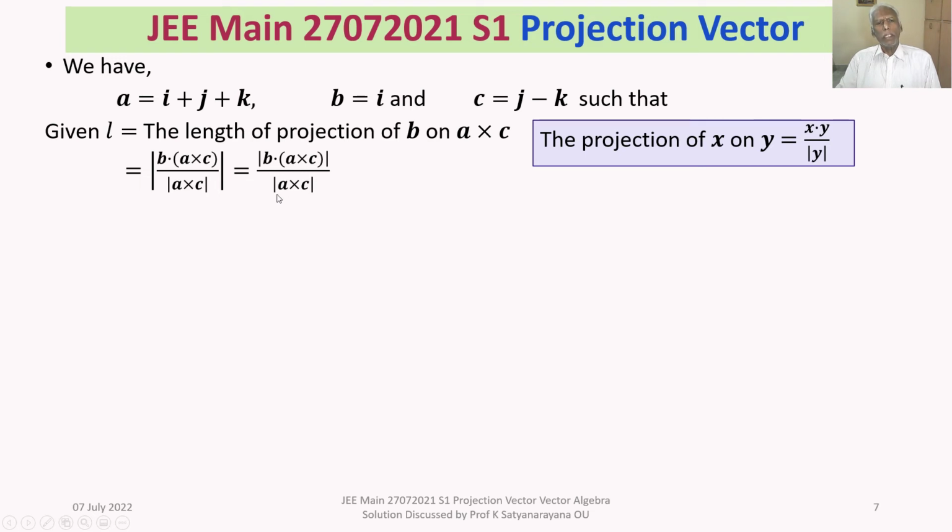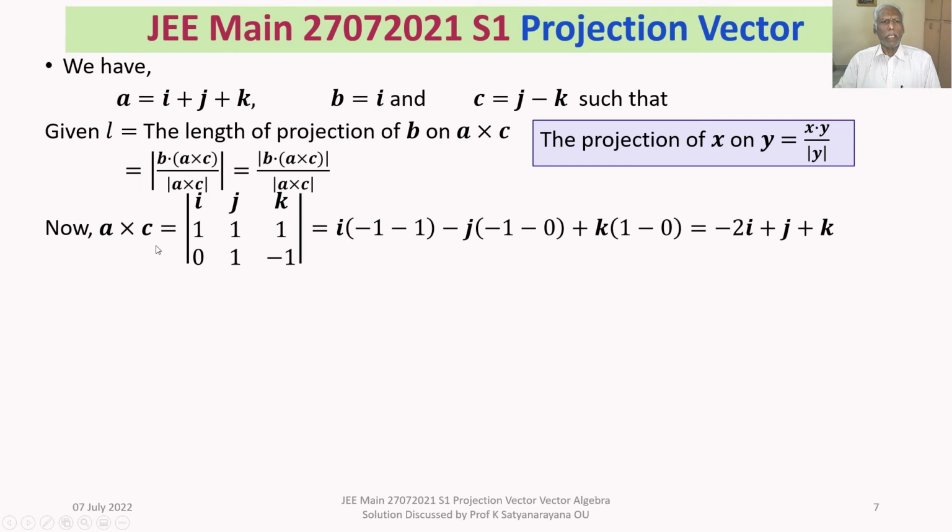In this A cross C, A we know, C we know, A cross C we have to compute. So A cross C is the determinant i, j, k, and the second row is the components of A, 1, 1, 1, the third row, the components of C, 0, 1, minus 1. Expanding along the first row and simplifying, we get minus 2i plus j plus k.